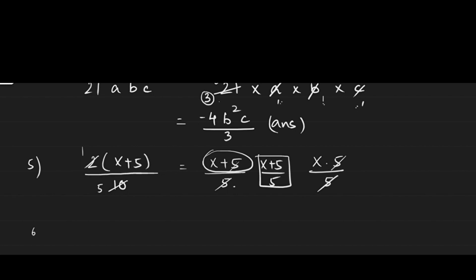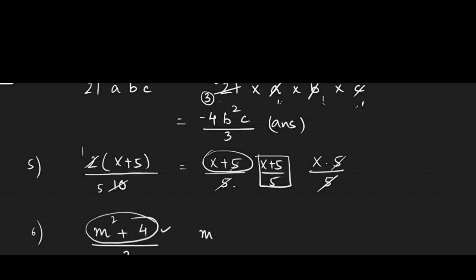Take one more example in the same direction. Suppose I have m square plus 4 divided by 2. If this is an algebraic fraction in front of you, what will be the answer? Can I simplify it further? No, I cannot simplify it further because this m square plus 4 is one complete term which is being divided by 2, and this term and 2 has no common factor.